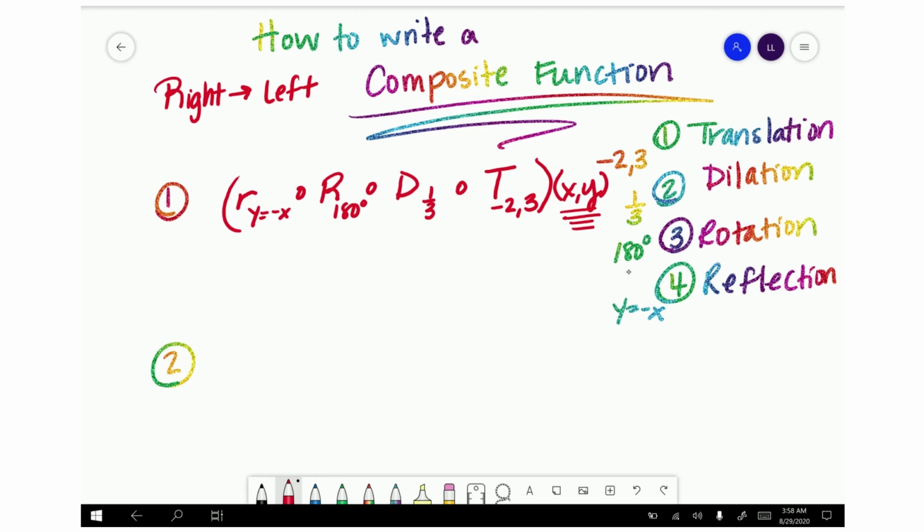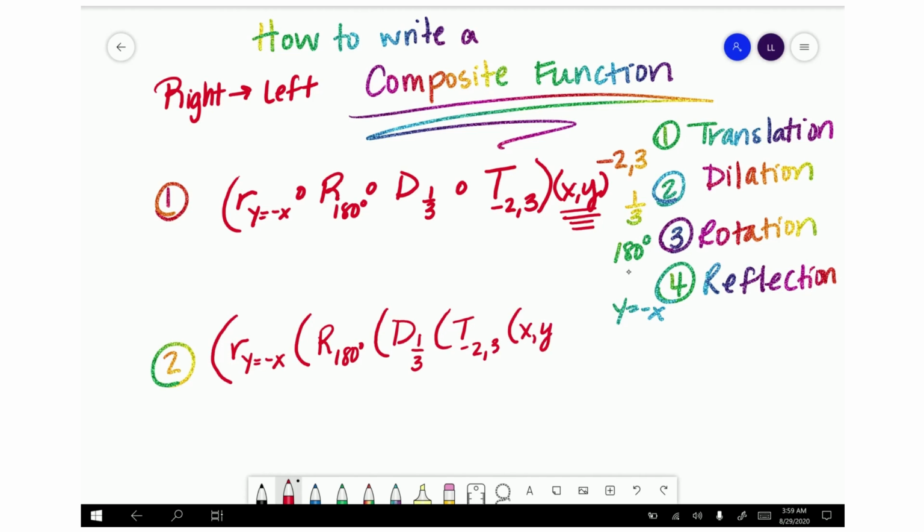Another way to write this function is with successive parentheses. Reflection will go here, then rotation will go right there, then dilation will go right here, then translation will go right there, and then your x, y will go right here.